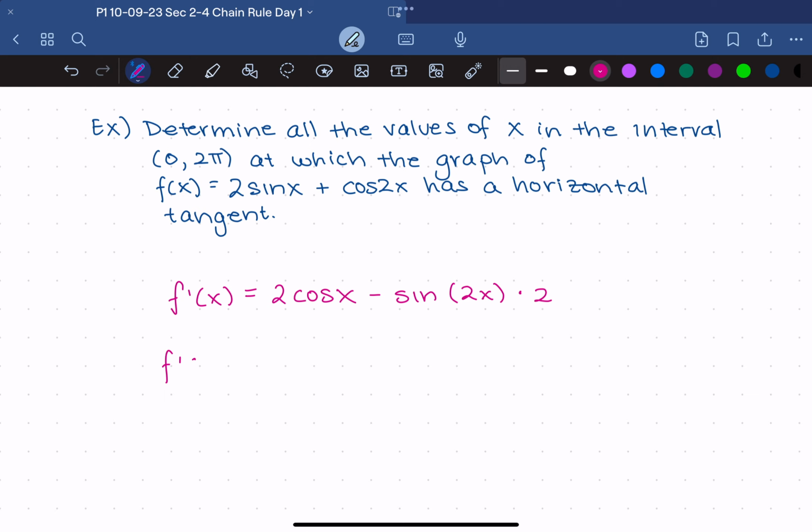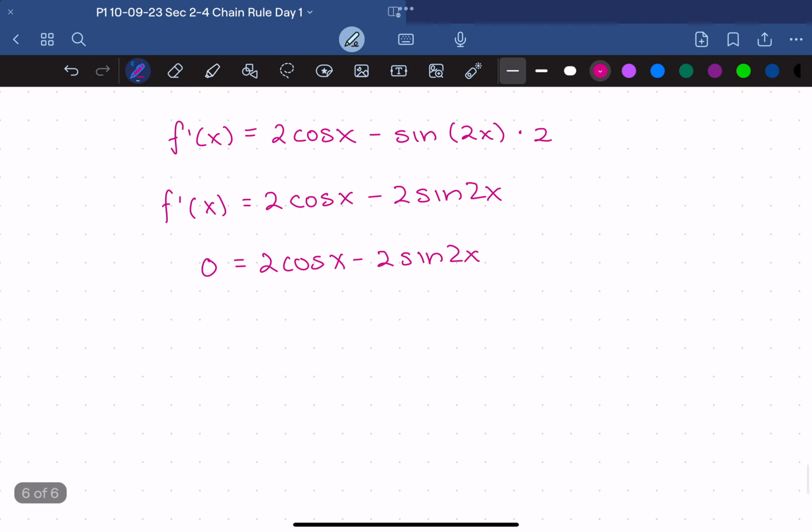So just cleaning it up ever so slightly. The derivative is this. So we need to figure out where this derivative is 0. However, how do we do this? Because that's got an angle of x. This has an angle of 2x.